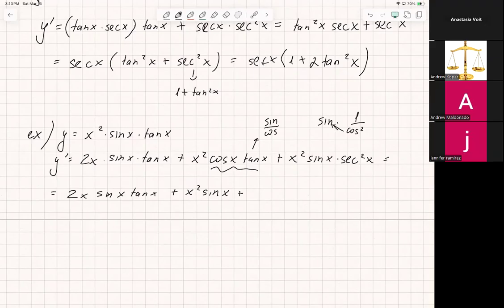So one of them goes to tangent, another one goes to secant, right? So you can write it as x squared tangent x secant x, or leave it like that, doesn't really matter. So yeah, all of these ways are fine as long as you take the derivative correctly.